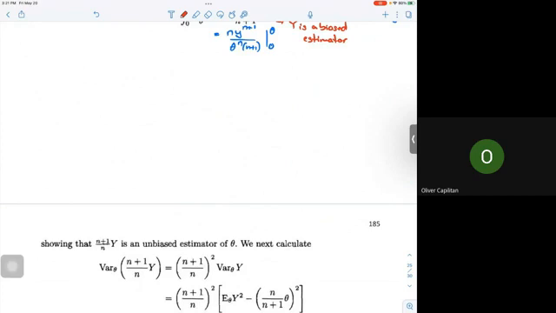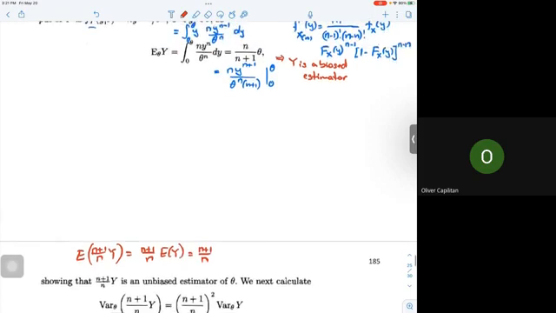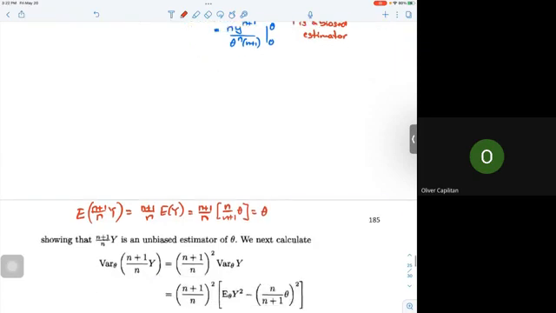This is true because if we find the expectation of (n plus 1) over n times Y, this is equal to (n plus 1) over n, and then the expectation of Y, which is n over (n plus 1) times theta, and this is equal to theta. So indeed, our expression (n plus 1) over n times Y is an unbiased estimator of theta.